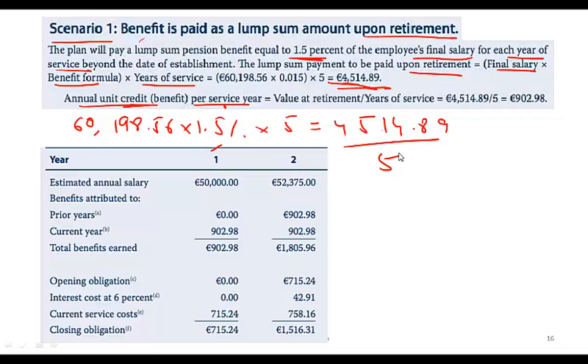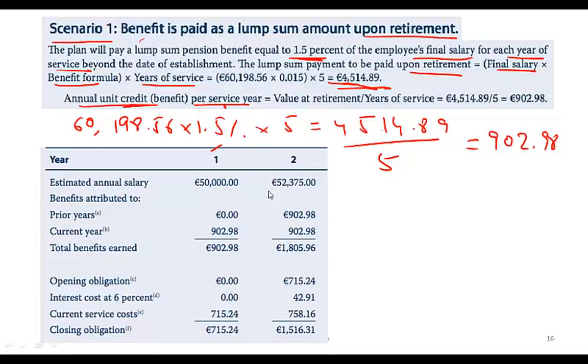In a strange sort of way, this is like straight line depreciation, where you have a certain amount at the end and you are taking how much does this mean every year. So what's that amount? That amount is 902.98.